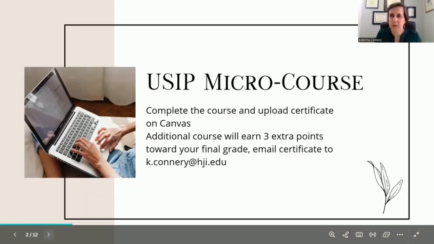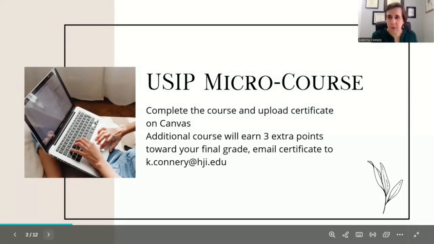This week, in addition to this video, you'll be completing the micro course on peace from the United States Institute for Peace, USIP. This course should take about 45 minutes roughly to complete. And at the end, you will have a quiz, after which you'll be given a certificate. And you need to upload that certificate as part of your assignment for this week.